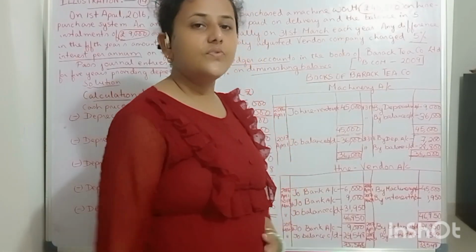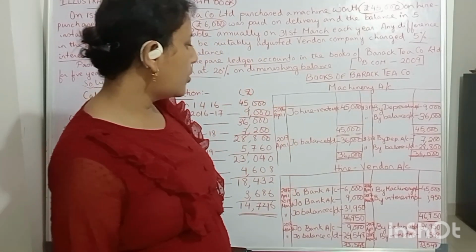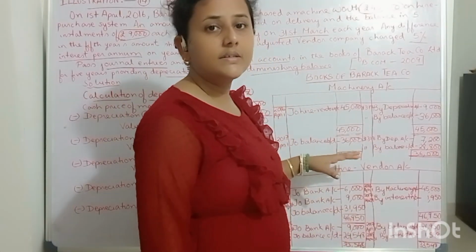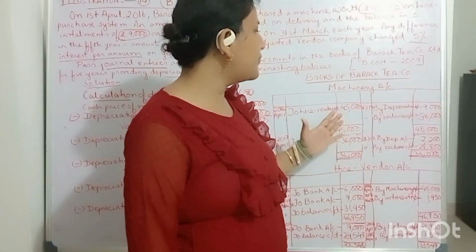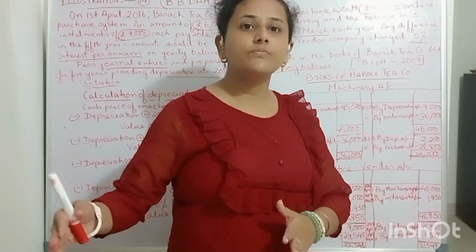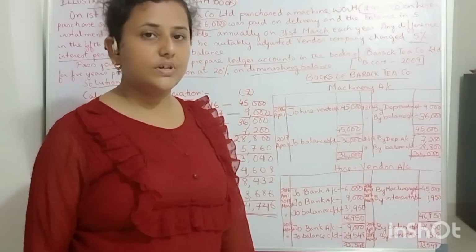Then for transfer of interest and depreciation to profit and loss account, no entry needs to be passed, so there will be no entry in the machinery account and hire vendor account. That is for interest, depreciation and statement of profit and loss account.